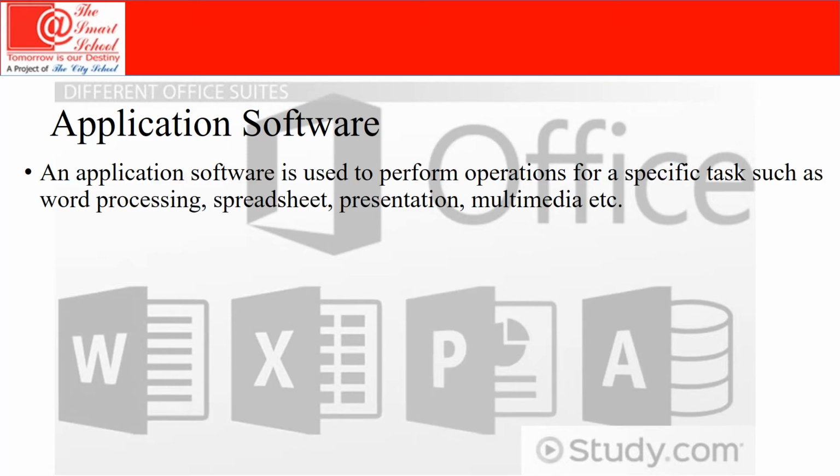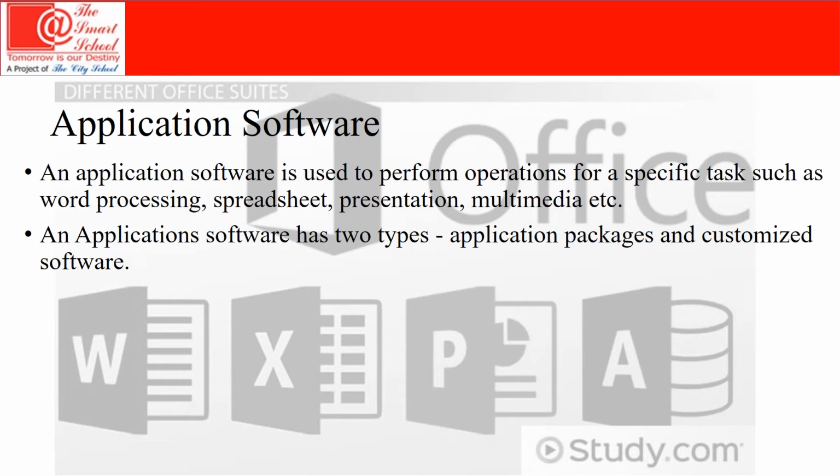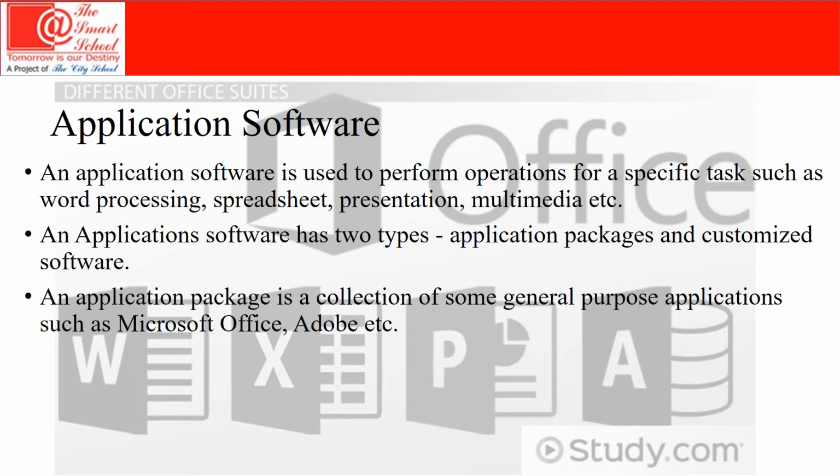Now, an application software is used to perform operations for a specific task such as word processing, spreadsheet, presentation, multimedia, etc. An application software has 2 types: application packages and customized software.